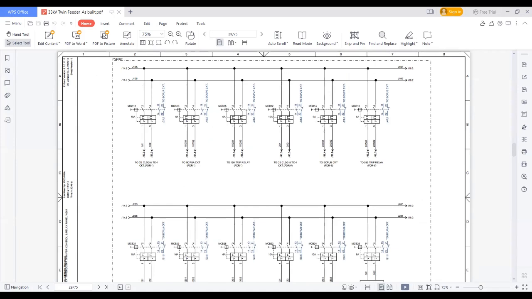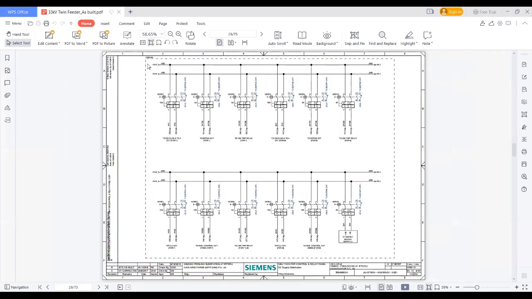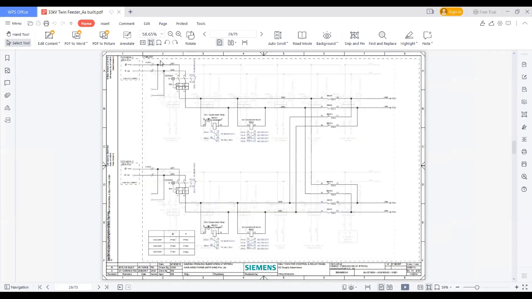Here in this page, you can see only one box, so it seems there are no interconnection cables from one panel to another. This page is only talking about the inside of the control and relay panel. The earlier page was talking about the control and relay panel as well as the DC sub DBs, DC sub DB1 and DC sub DB2, and we have to lay a cable between the DC sub distribution board and the CRP panel.